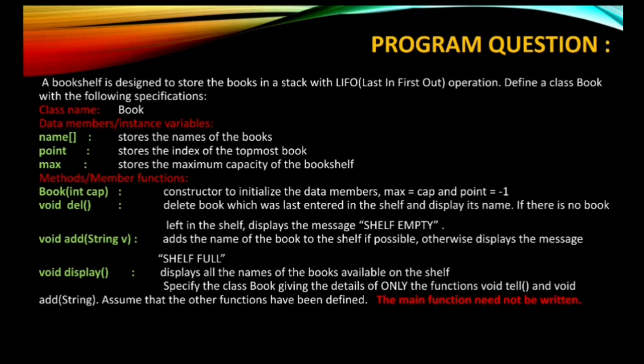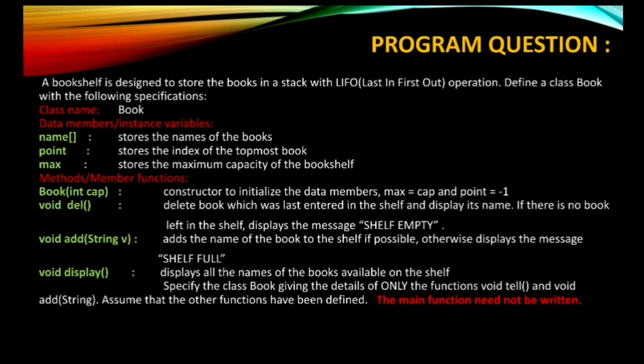Void add is going to add the name of the book inside the shelf at the topmost location. And void display is going to display the books of the shelf. We have to keep in mind that we have to create the class and the functions, and assume that other functions were already created.